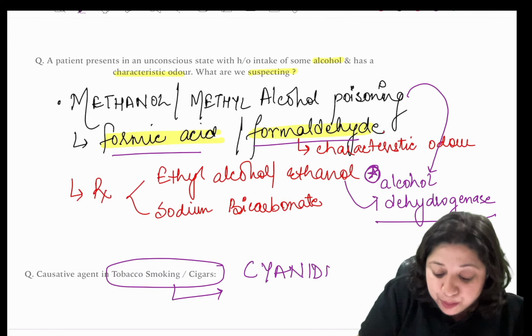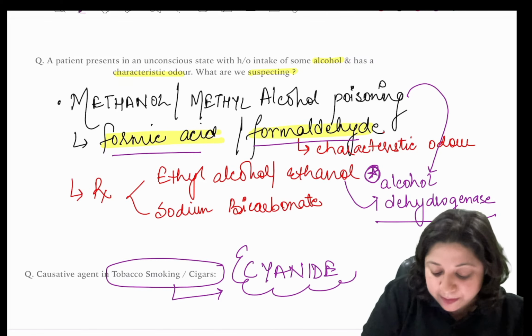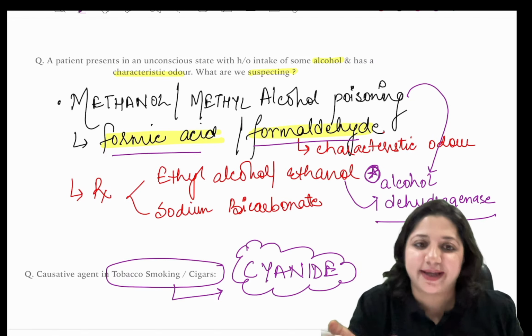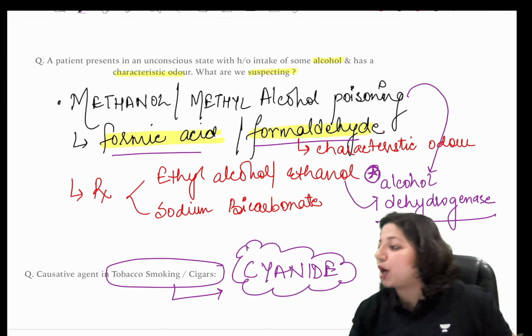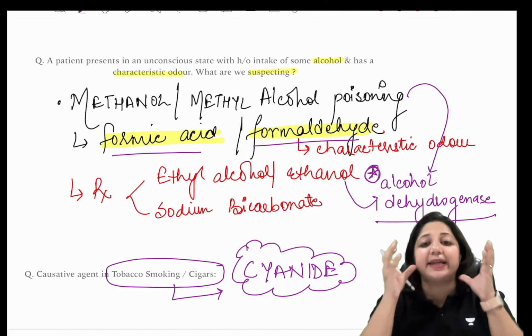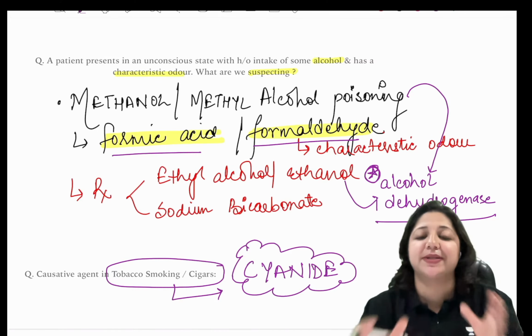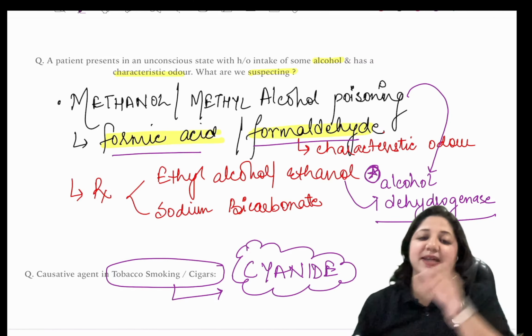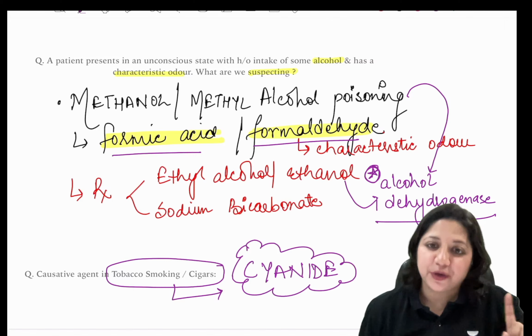The one which is responsible for causing the symptoms and toxic neuropathy is cyanide. So nicotine is the compound which is present in the tobacco, but the compound which is formed in the body resulting in all the signs and symptoms and toxic neuropathy is cyanide, right?